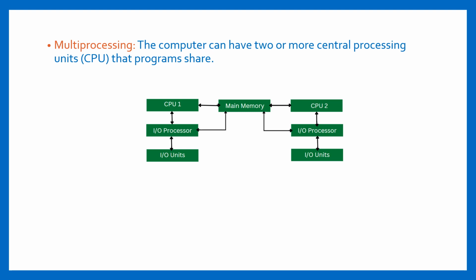Here if you can see, you have input output devices, CPU 1 is one processor and CPU 2 is another processor, and we can access both the processors. Using both the processors we can do multiple tasks at the same time, so it will be faster.